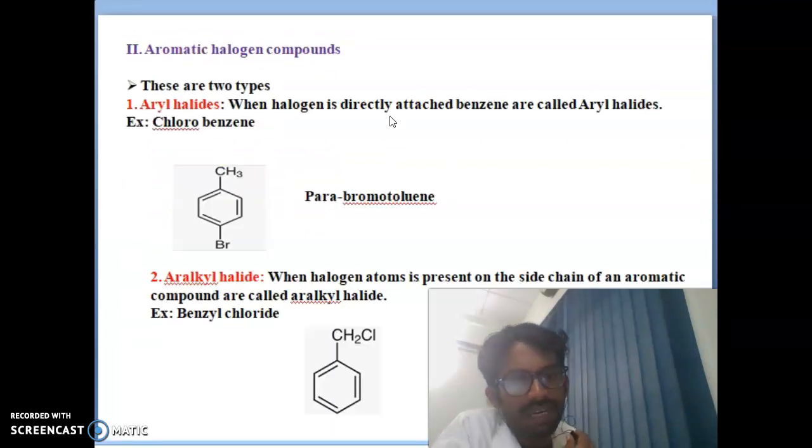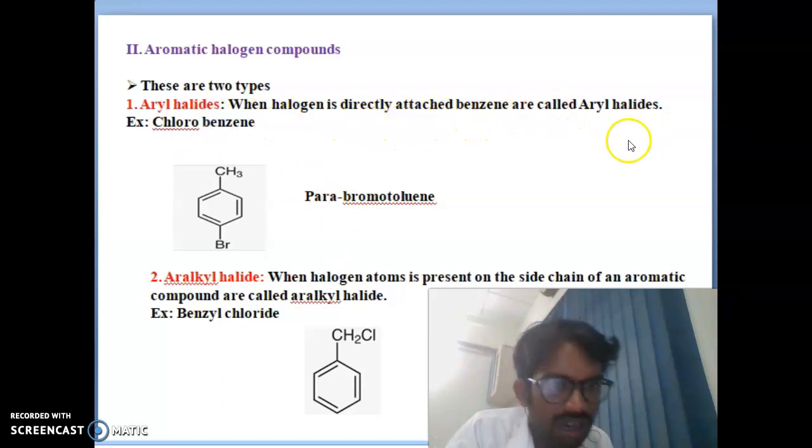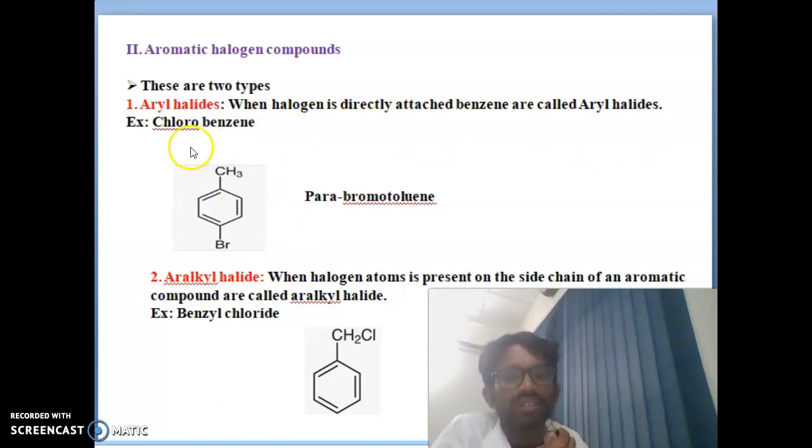Aromatic halogen compounds are mostly of 2 types: one is aryl halides, the second is aralkyl halides. When the halogen is directly attached to benzene, it is called an aryl halide. The best example is chlorobenzene, and another example is para-bromotoluene. You can see that the halogen is directly attached to benzene, that is called an aryl halide.